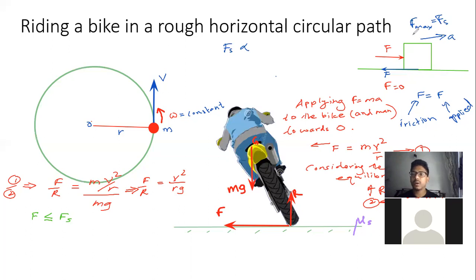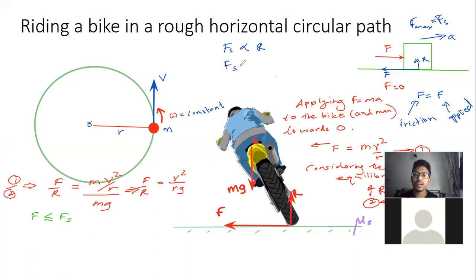Now if I keep another object, something heavy, on top of this box, the push becomes larger. Then the required force to move this will be increased. That means the limiting friction will be increased. So the limiting friction is proportional to the normal reaction force.